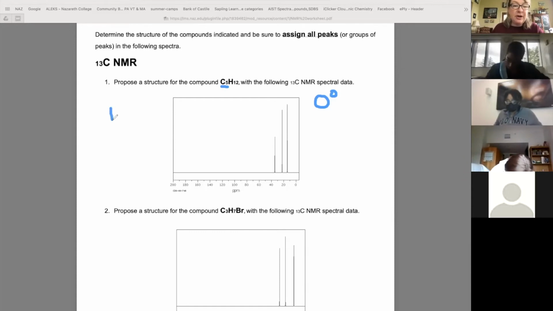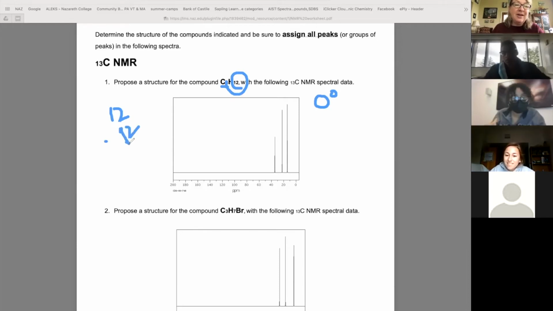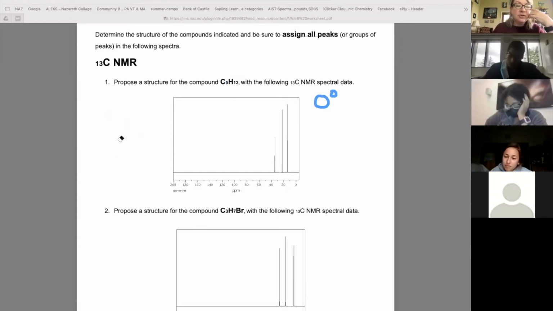So you write that over here. And how many hydrogens do we have? We have 12. So 12 minus 12 is 0. So there are 0 degrees of unsaturation. So we know all the carbons have no double bonds and no rings. And we have 3 different types of carbons.